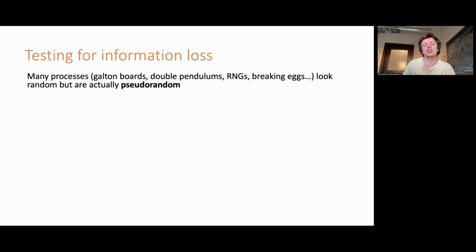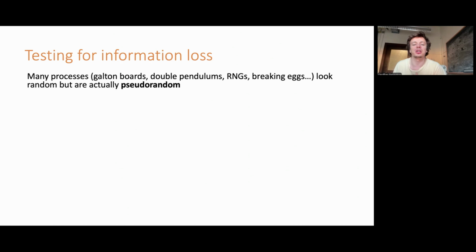So there are a lot of processes out there that look random, but are actually not random at all. They create the illusion of randomness. They're what's called pseudo-random processes. One example is one of these Galton boards where you drop a ball in, and then it bounces around, and then it ends up in some location. More generally, just any chaotic classical system, its behavior at long times will just look random.